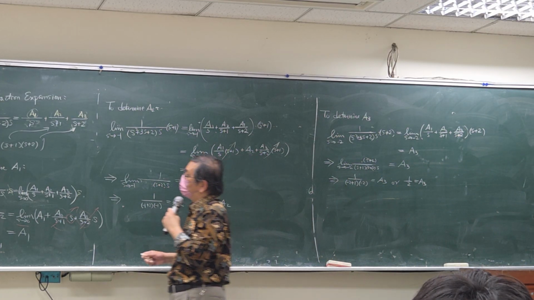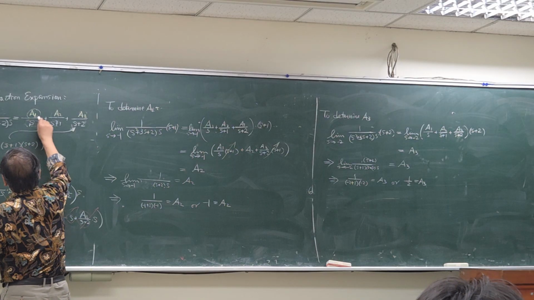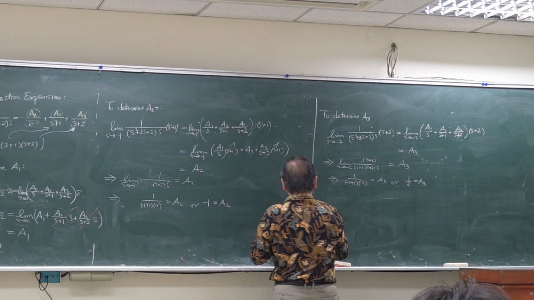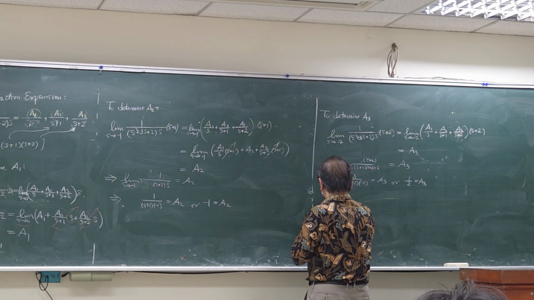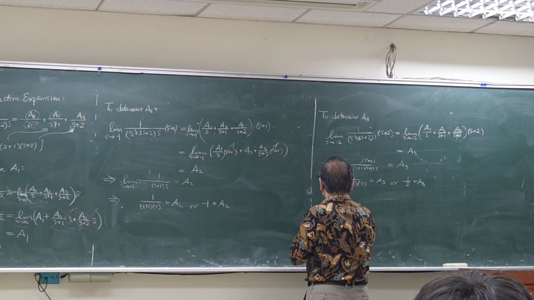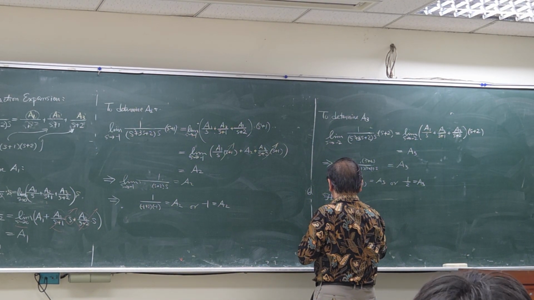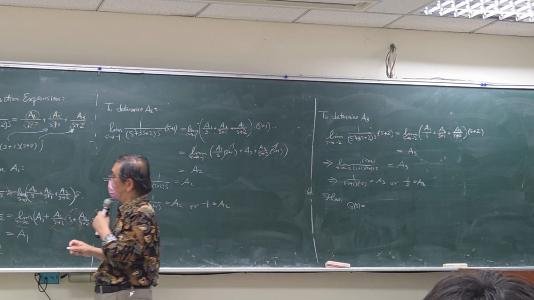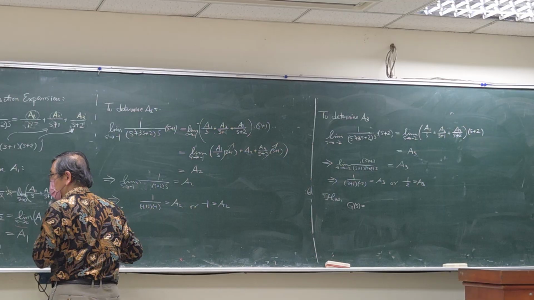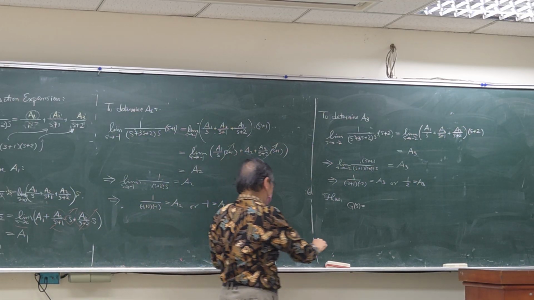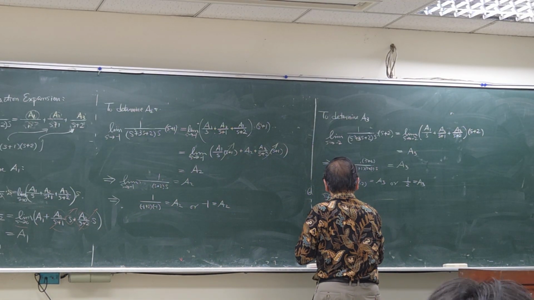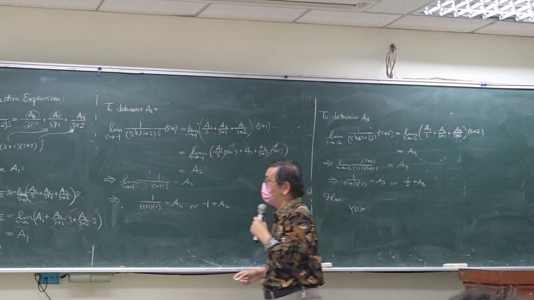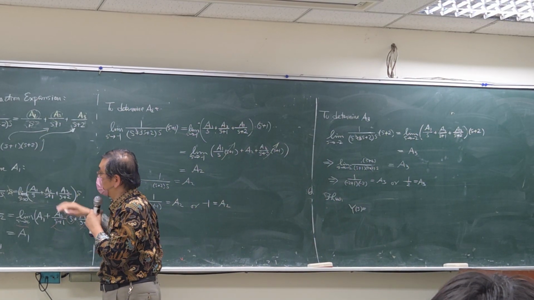So now we have finished the searching of the coefficients A1, A2, and A3. Okay, so therefore, the system can be written as the sum of the three smaller systems.